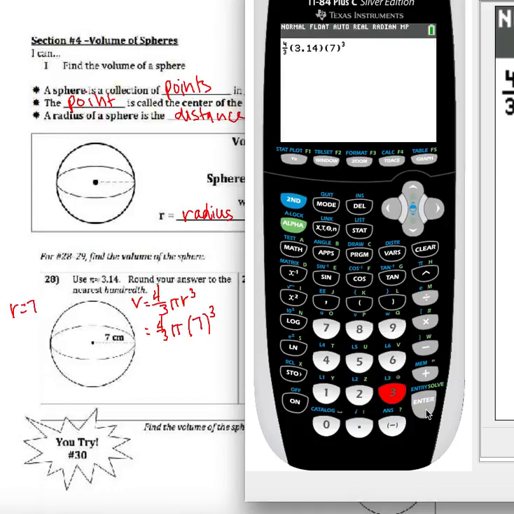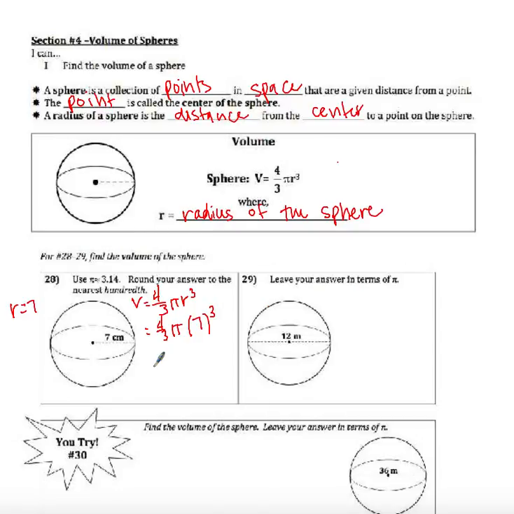When we hit enter, we get 1,436.026. So 1,436.03, because it does ask us to round to the nearest hundredth.